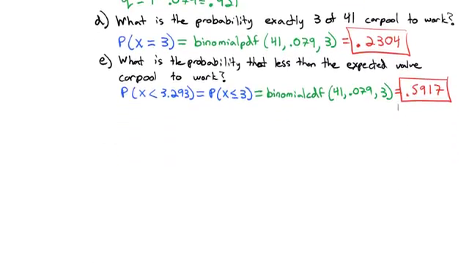Let's do one last example as we wrap this video up. We want to know, what is the probability that more than 4 carpool?